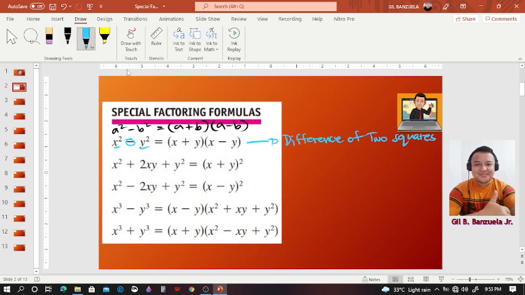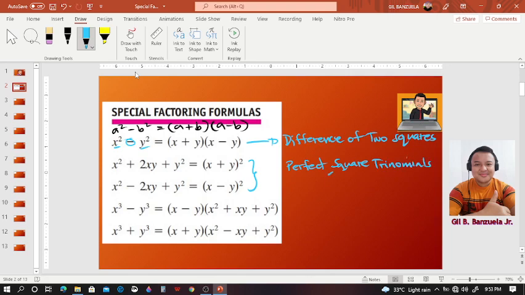And itong next two, ito yung tinatawag nating perfect square trinomials. Ayan.